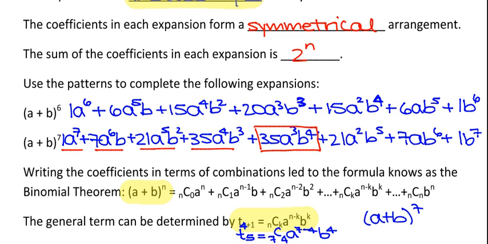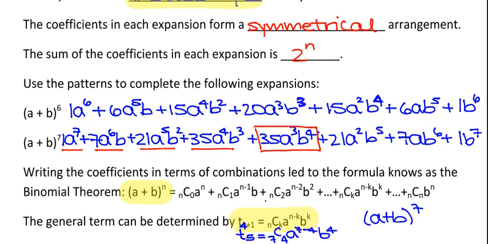So you can spotlight and figure out any specific term in an expansion without having to do the whole thing. This is less of an issue when we're working with an exponent of 7, but can be a way bigger issue when we're working with exponents that are greater than 14, etc. You can imagine that this can simplify your life a lot when looking for a specific term.